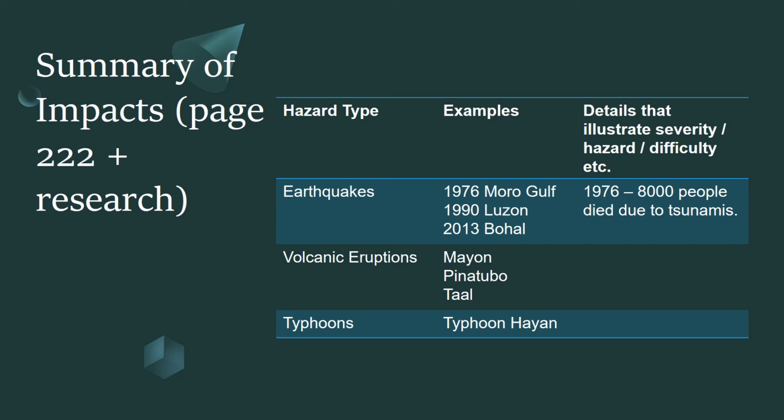It relates to the 1976 earthquake, which took place just off the coast of the Philippines, and it caused tsunami waves, and it was estimated that about 8,000 people died as a result of those. That's a very simple little bit of information, but you see how I could use that later on in an answer to illustrate the seriousness of the threats.